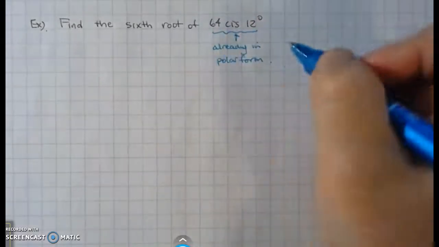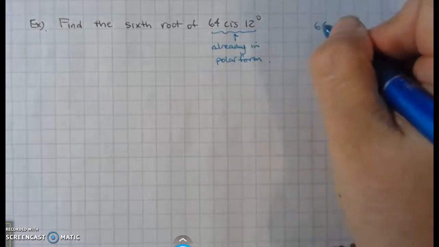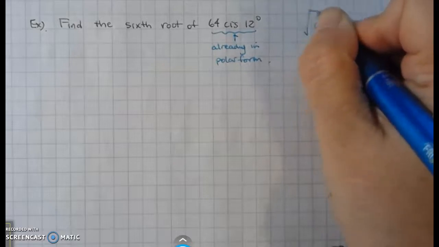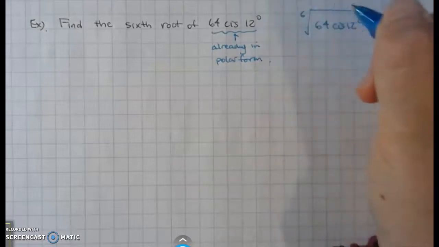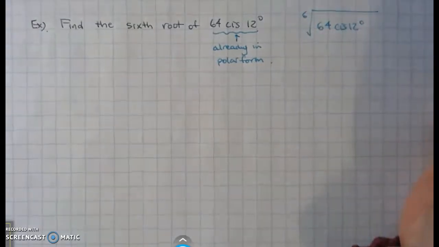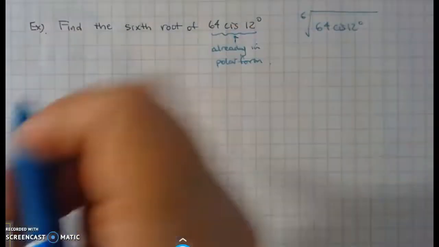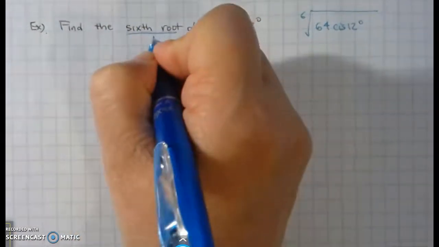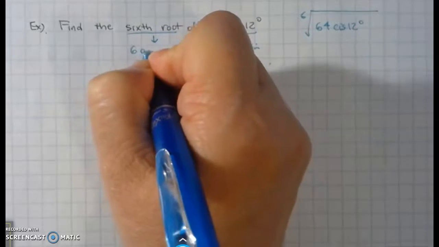We're taking the 6th root of it and trying to find the values. The solutions will be complex numbers, and since we have the 6th root, we are going to get 6 answers.